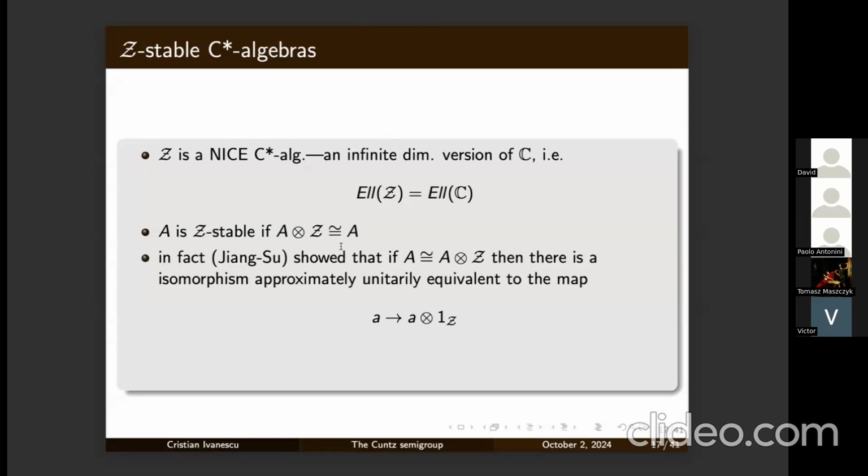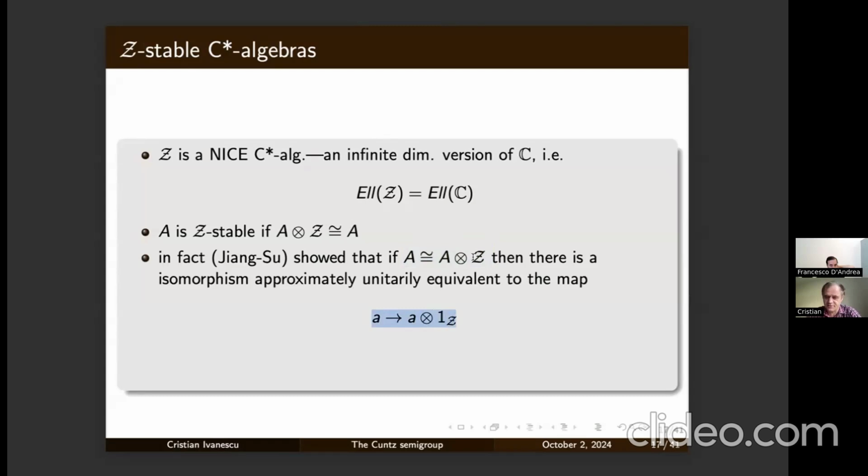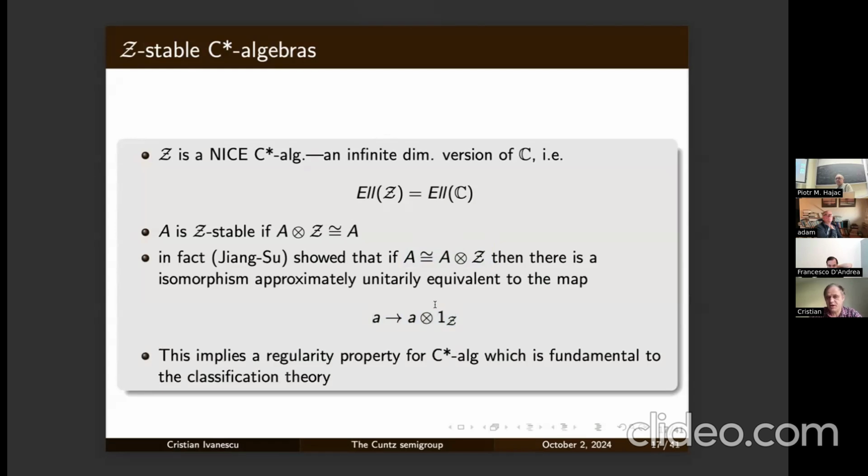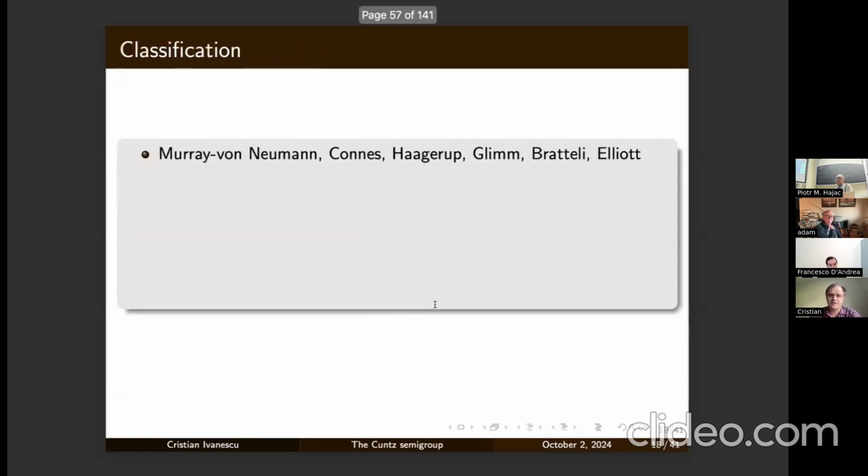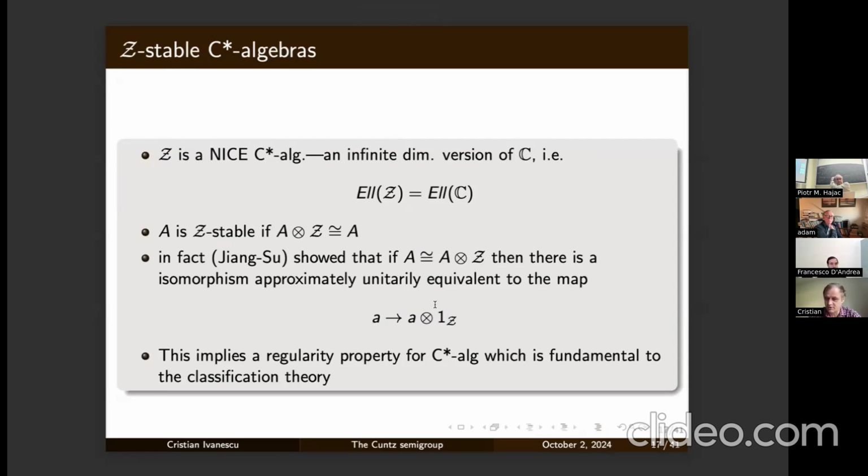They showed in that paper that if you have such an isomorphism, then this isomorphism is approximately unitarily equivalent to the special map A goes into A tensor 1, where 1 is the unit of Z. Now, the reason I'm mentioning this technicality is because this implies a nice regularity property for C*-algebras, which is fundamental in the classification theory. Whenever we talk about the Z or Jiang-Su algebra, one should also talk about the classification.